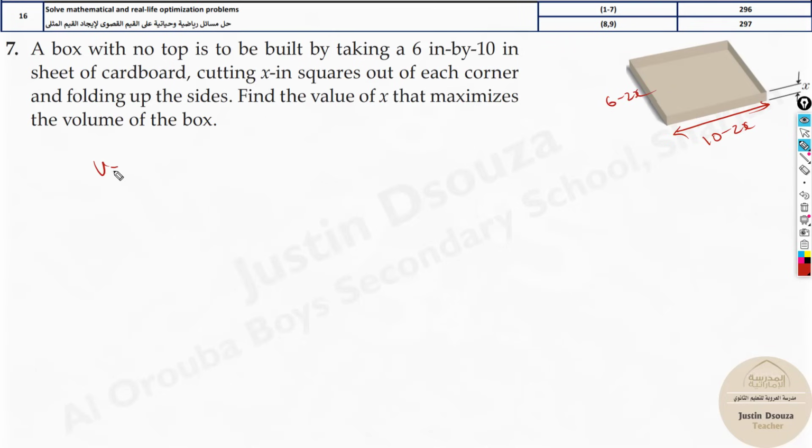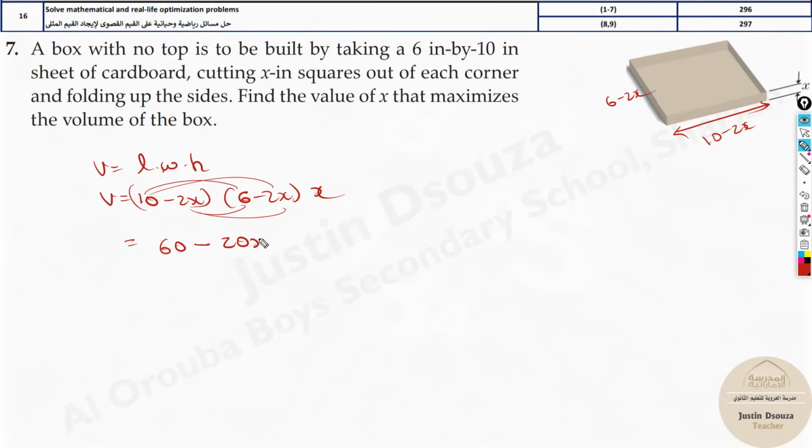Now the volume is length times width times height or thickness. So volume will be length 10 minus 2x, times width 6 minus 2x, and lastly height is x. That's the thickness, right? Now let's solve it. You can multiply x first, or I'll do it like this. First the FOIL method. These two terms: 10 times 6 is 60 minus 20x.